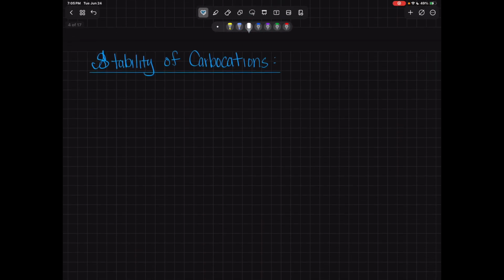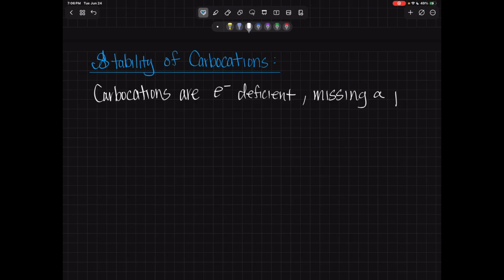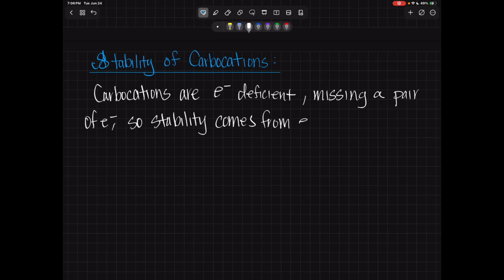Okay, so carbocations are electron deficient. So this is missing a pair of electrons. So stability comes from electron donation.